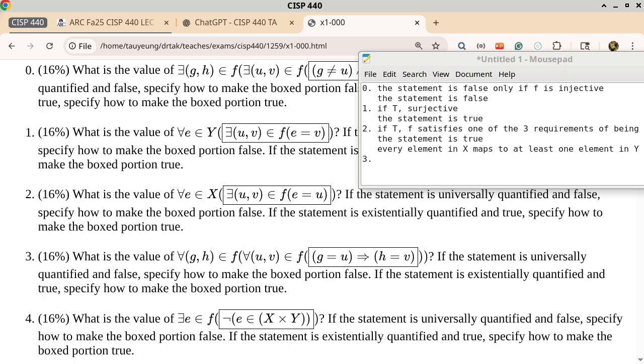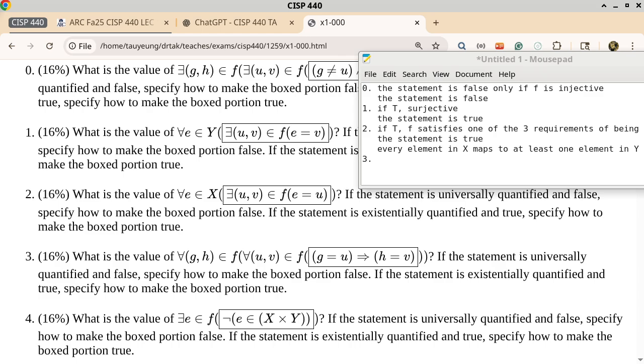Okay, so now the question is, what is it really checking? We are basically saying, we take possibly two tuples from F, and then we say, if the left-hand side is true, does it always guarantee the right-hand side?